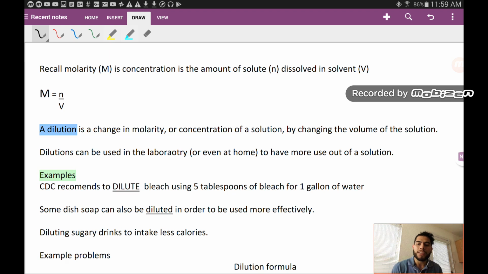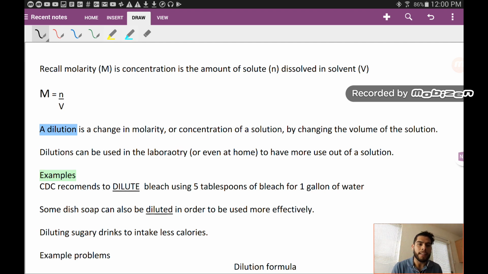For example, the CDC recommends to dilute bleach using 5 tablespoons of bleach per 1 gallon of water. That's what I've been using to clean around my home. That makes an effective cleaning solution according to the CDC.